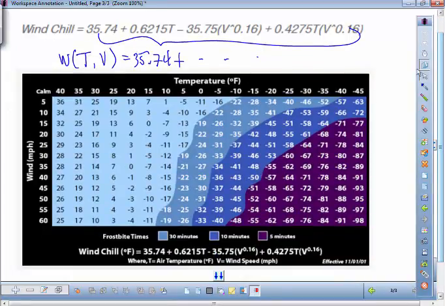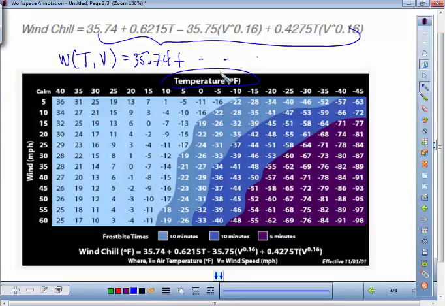So what you have is a column of values that describe the temperature and a row of values that describe the wind speed. So this is your T. I'll use red here. And this must be your V values.